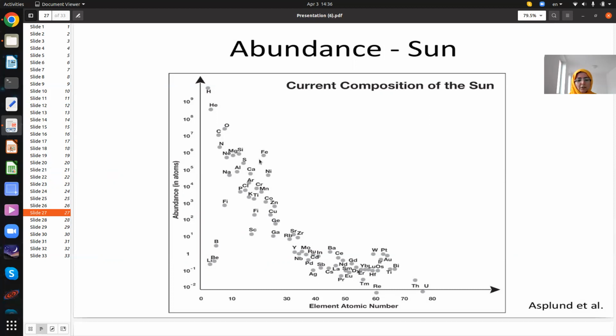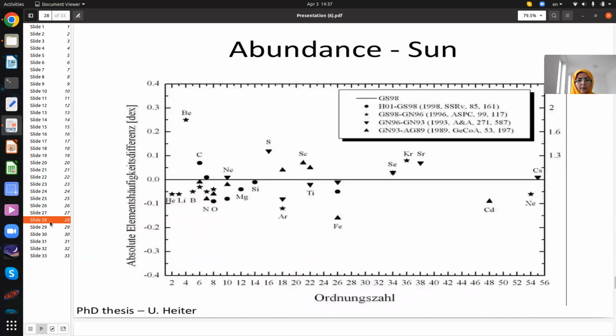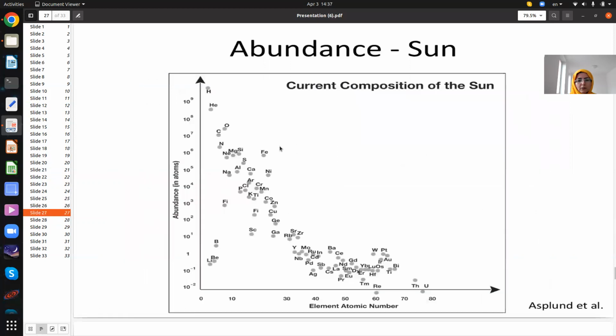And how can we know how much hydrogen and helium is in the sun? We can have a hydrogen and helium estimate from comets and asteroids because they were born at the same age as the sun.